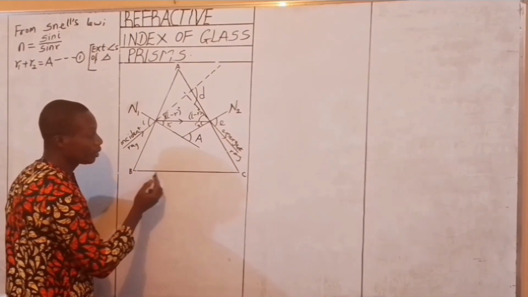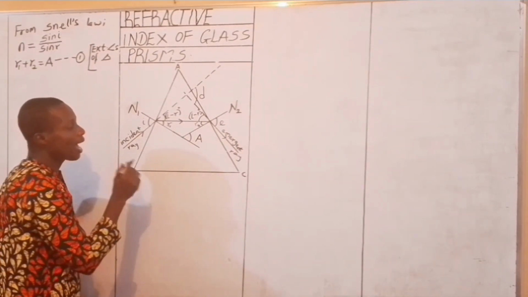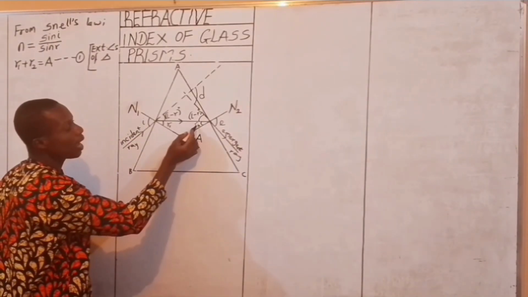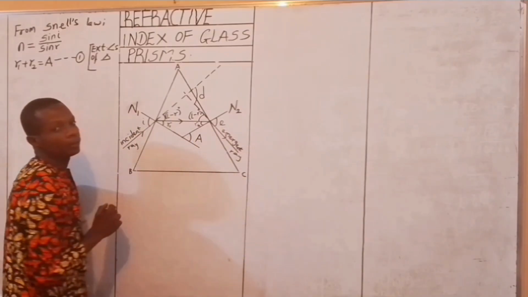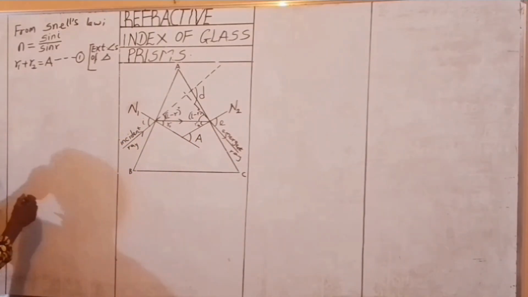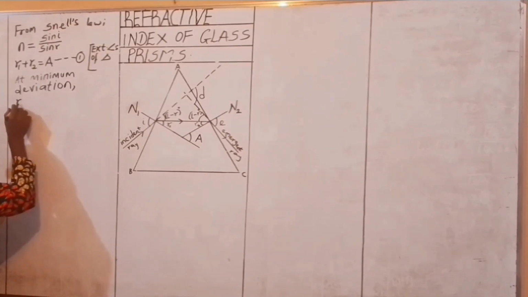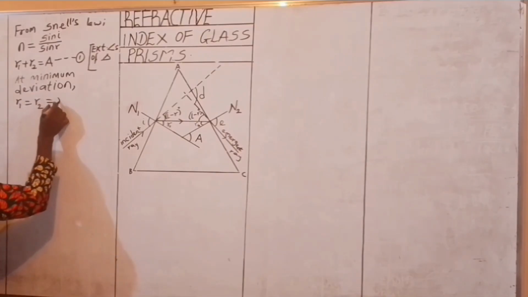That is at minimum deviation. At this minimum deviation, r1 is equal to r2 and i is equal to e. So we write at minimum deviation, r1 is equal to r2, and it's equal to r.